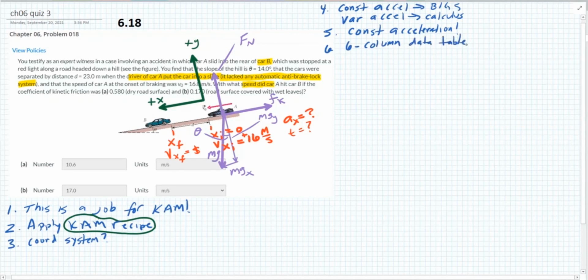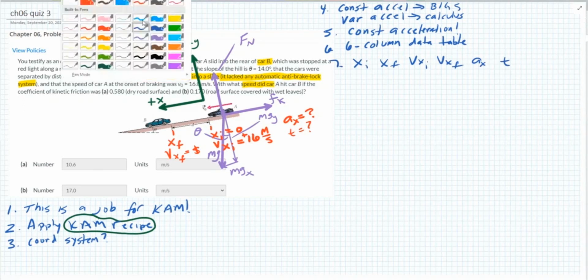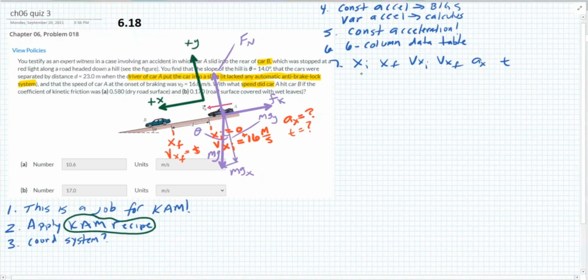Just like always: x initial, x final, vx initial, vx final, a sub x, and t. And now it's just a game. What do I know as far as these entries are concerned? X initial is 0. X final is D. For me, D equals 23 meters. This is given.